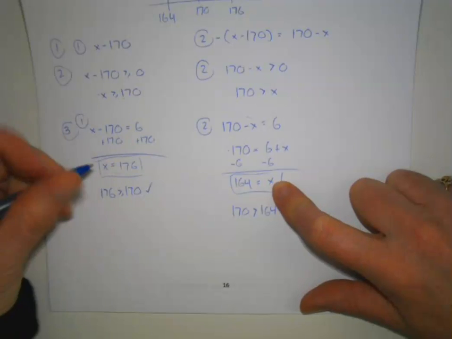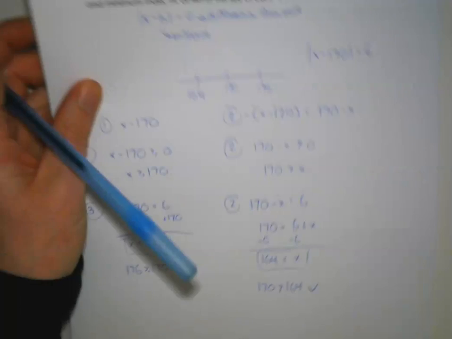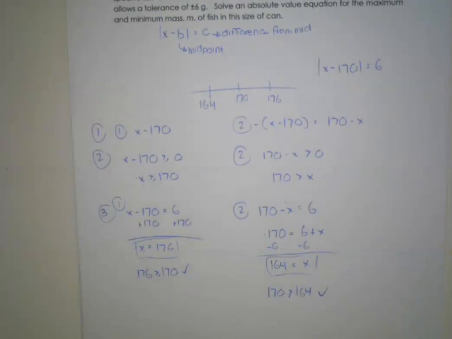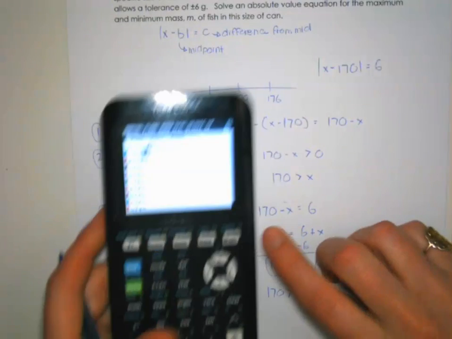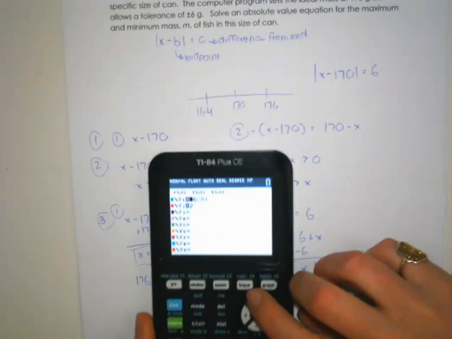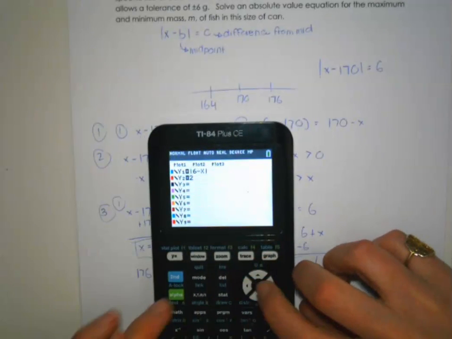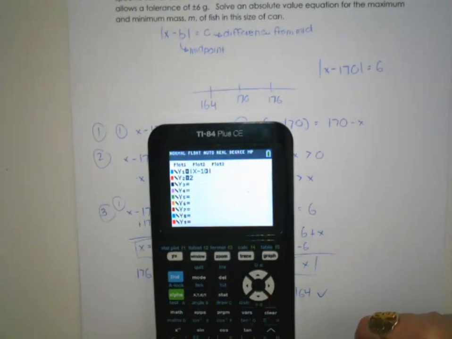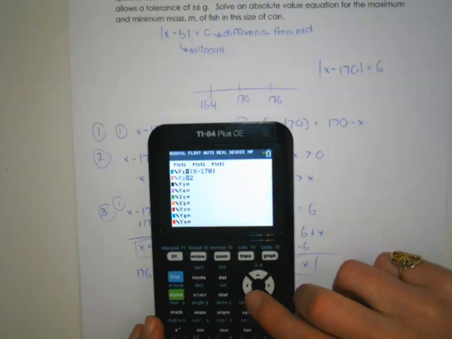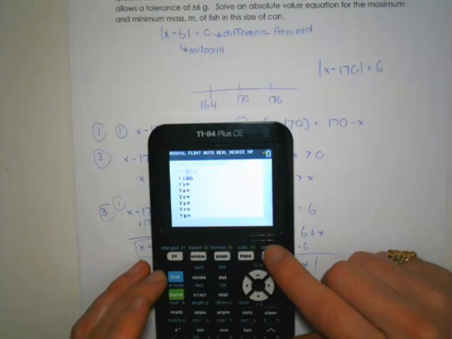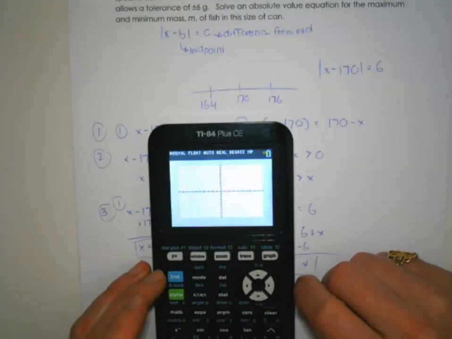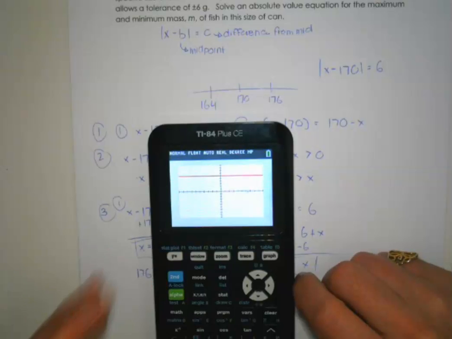Last of all, we would just want to graph that really quickly and confirm that those were proper intersection points. So we go to y equals, and it is x minus 170, and it has to intersect with 6. If we go to our graph for this one, we're actually going to see not much happening, right?